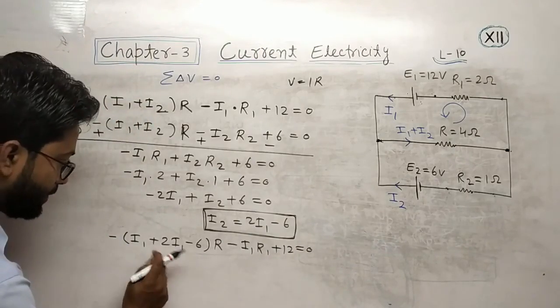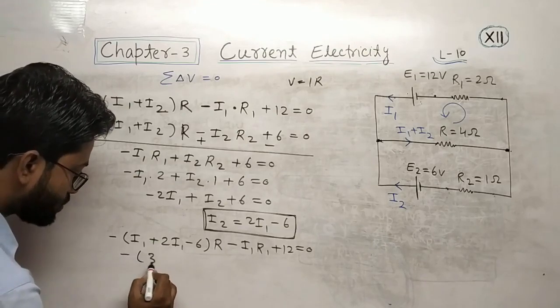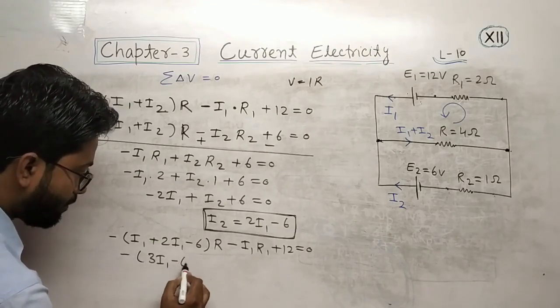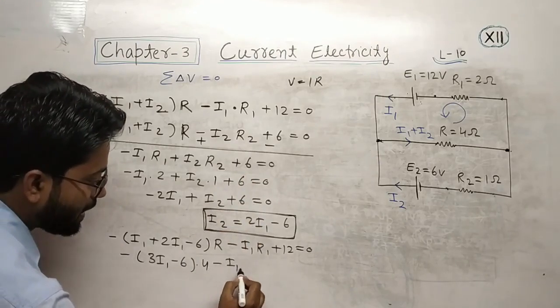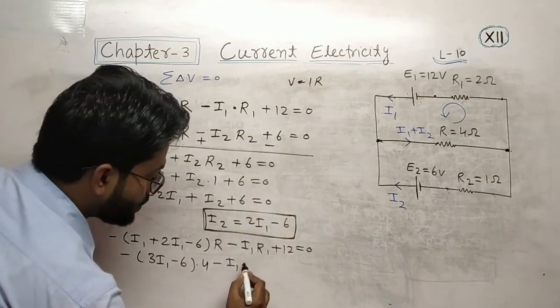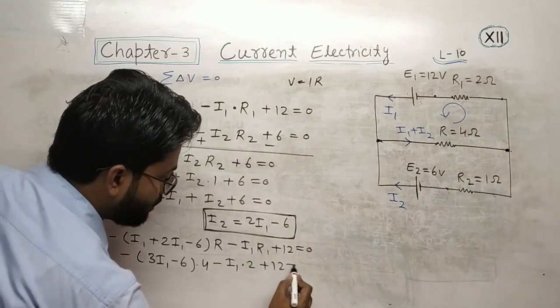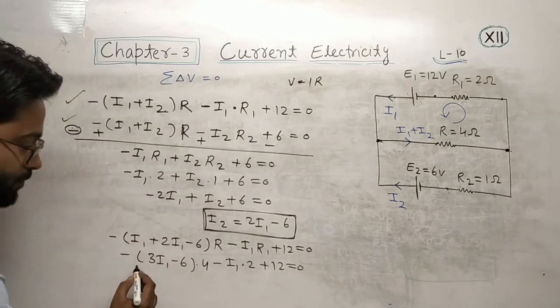This will be minus (3 I1 minus 6), the value of R is 4, minus I1, and the value of R1 is 2, plus 12 equals 0.